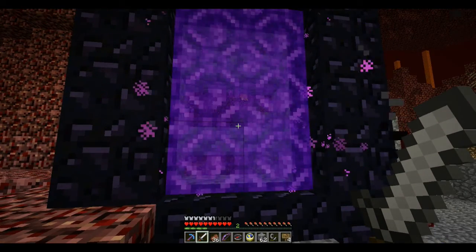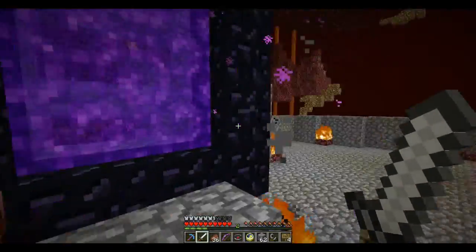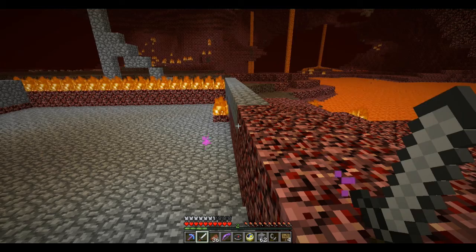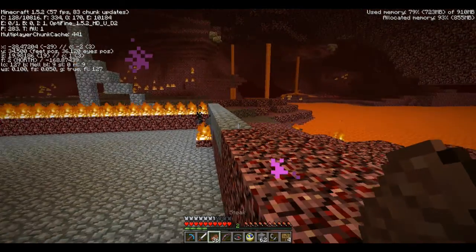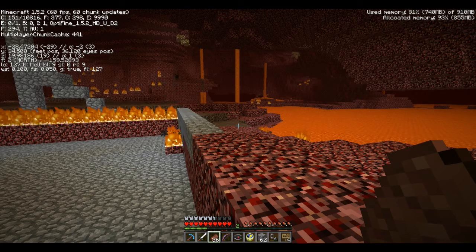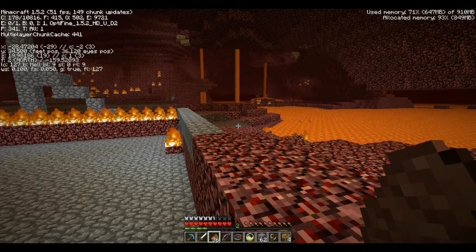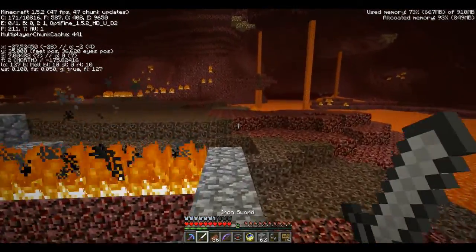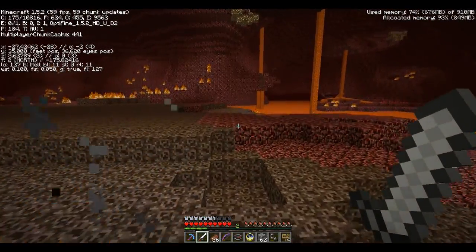Now, as you can see, this put us through this nether portal because it's a nether portal we already have established. So now what we need to do, go to F3, and we need to find ourselves at negative 39, negative 21. So, let's go adventuring to go find that location.